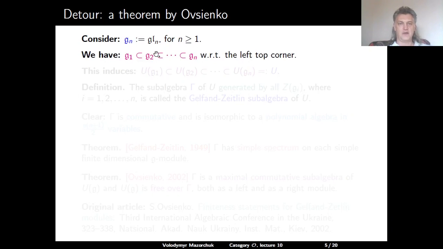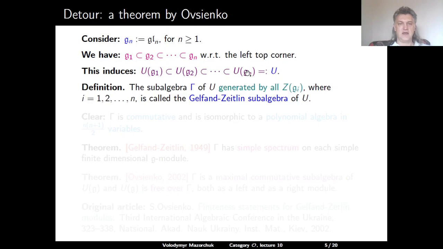Then we have the flag of Lie algebras: G1 is a subalgebra of G2, and so on, a subalgebra of Gn, where the inclusions are given by the natural inclusions of matrices with respect to the top left corner. So this flag induces the inclusions of the corresponding universal enveloping algebras: U of G1 is a subalgebra of U of G2, and so on.